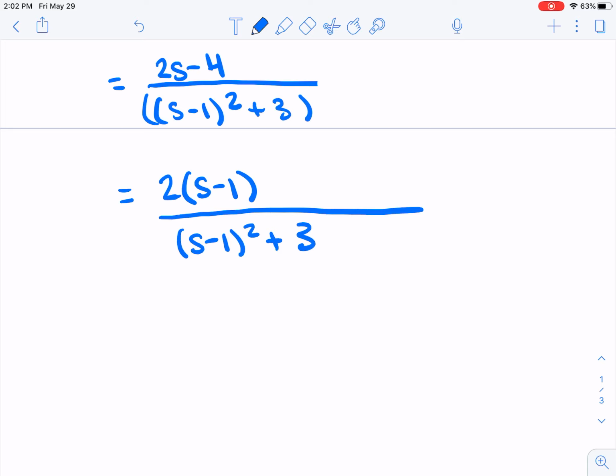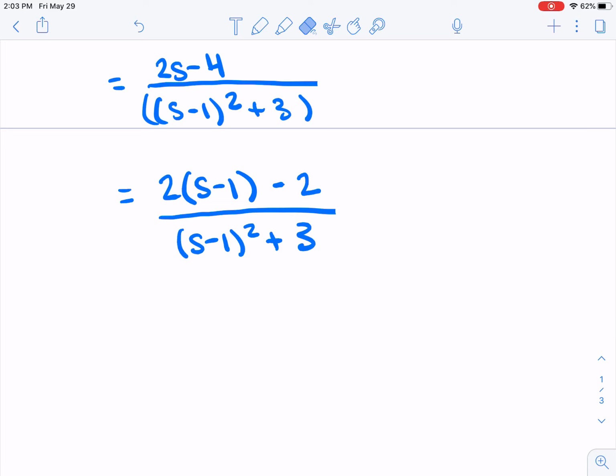Right now this equal sign is a liar, because I haven't done what I need to do to make it equal. Really I have 2s minus 2. I need to subtract another 2 here. And now, 2s minus 2 minus 2, I do have the 2s minus 4. So that is equivalent, and it is written the way I want it to be written.